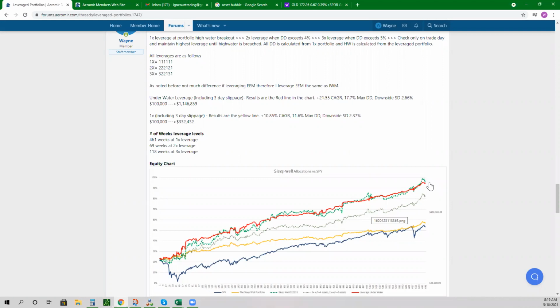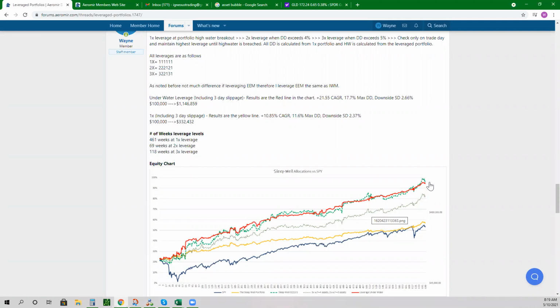I had posted on the forums when the Sleep Well was drawn down, probably it was March 25th, I think. Yeah, like a few weeks ago or a month and a half ago. I just put a little graph on there that showed that it's really rare for us to draw down around 6% in the Sleep Well portfolio.